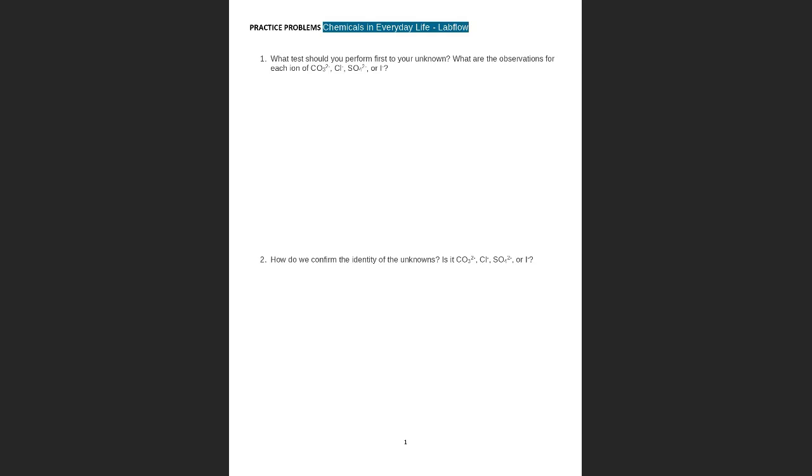What would be the confirmatory test if we think we have chloride? That is easy. We add silver nitrate, and we see a white insoluble precipitate of silver chloride. So basically, to the chloride, you add a solution of silver nitrate, and you see a solid of silver chloride.